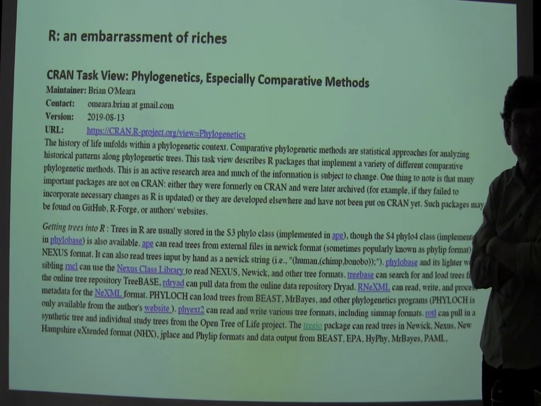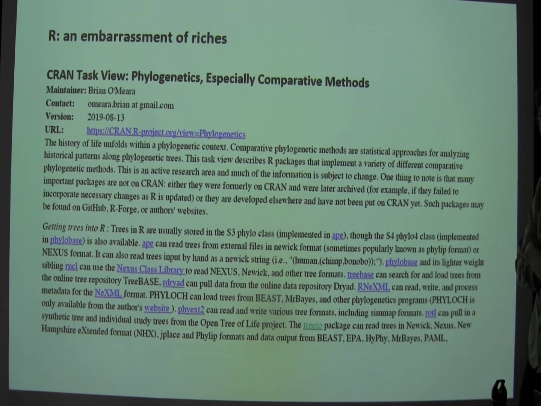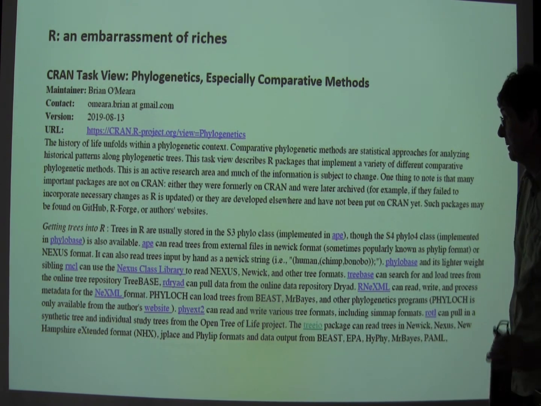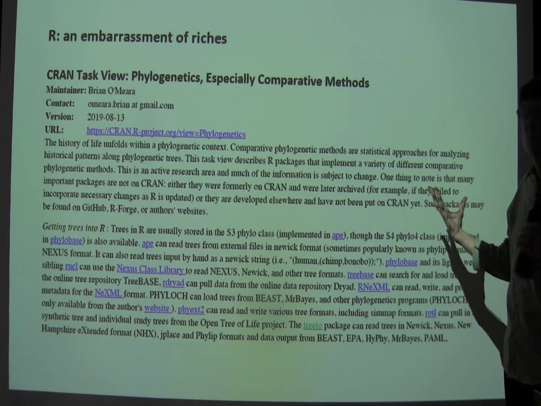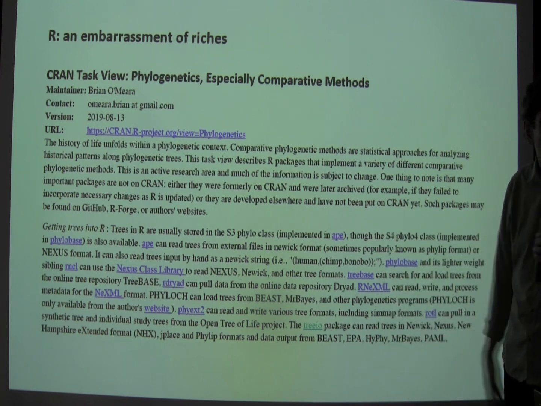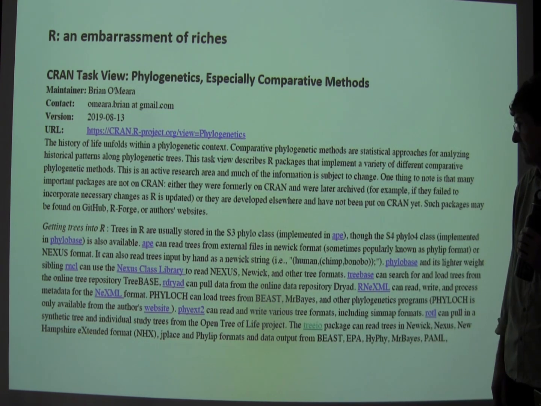And then some packages just fade away when their authors decide not to continue them. So I want to just show you what a task view looks like for a randomly chosen subject, phylogenetics, since it was the topic of the last lecture.